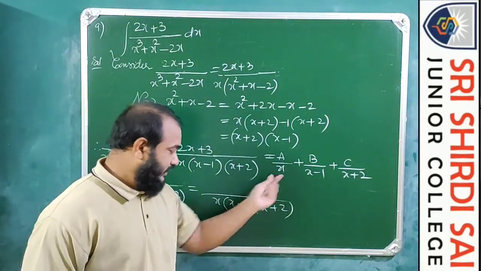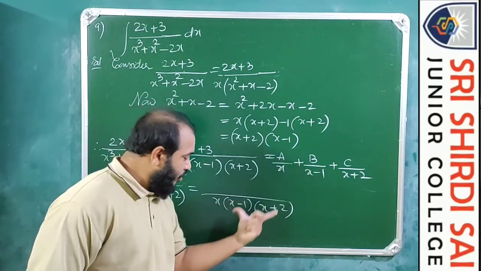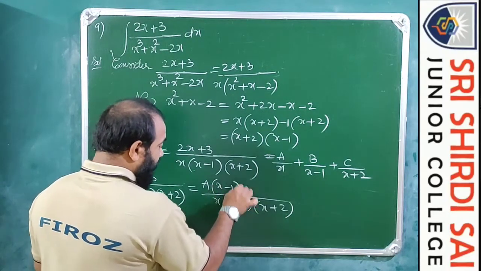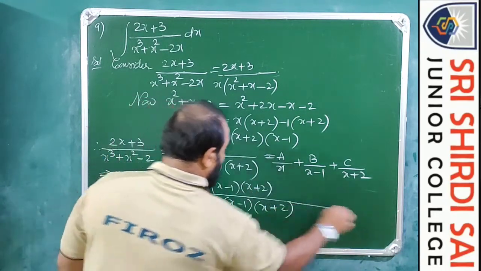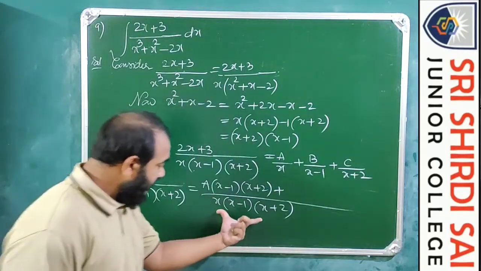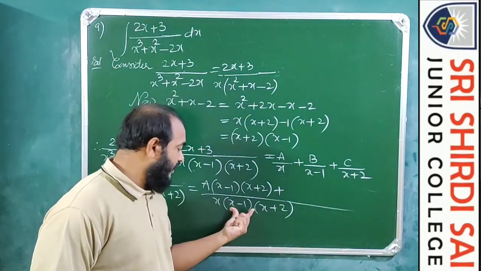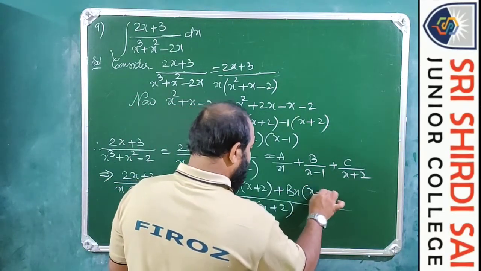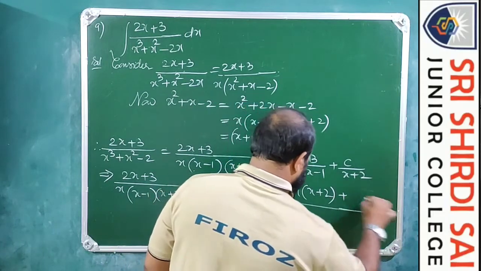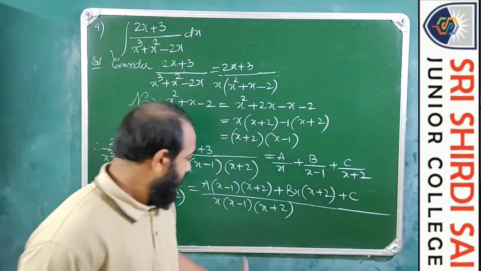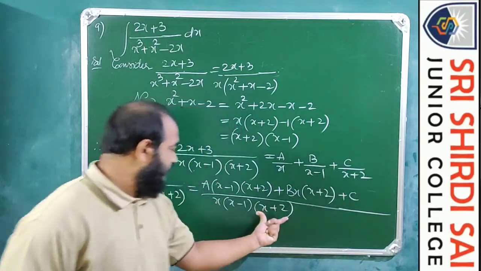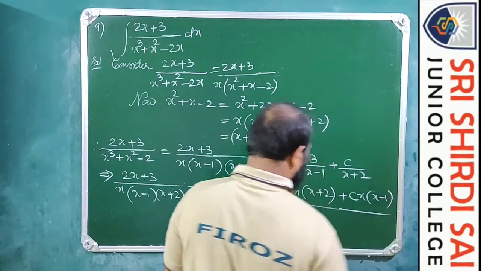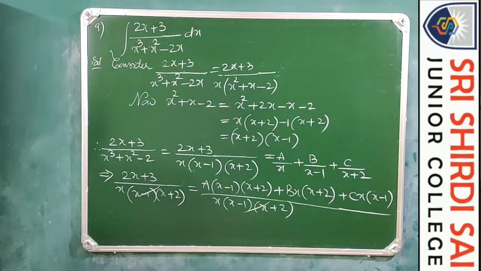So this x gets cancelled, and we get A into (x minus 1) into (x plus 2), plus B into x into (x plus 2), plus C into x into (x minus 1). So the denominators on both sides get cancelled.